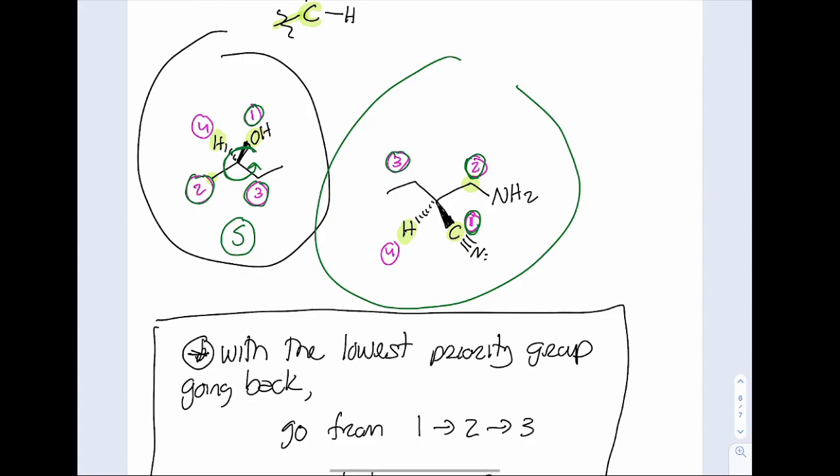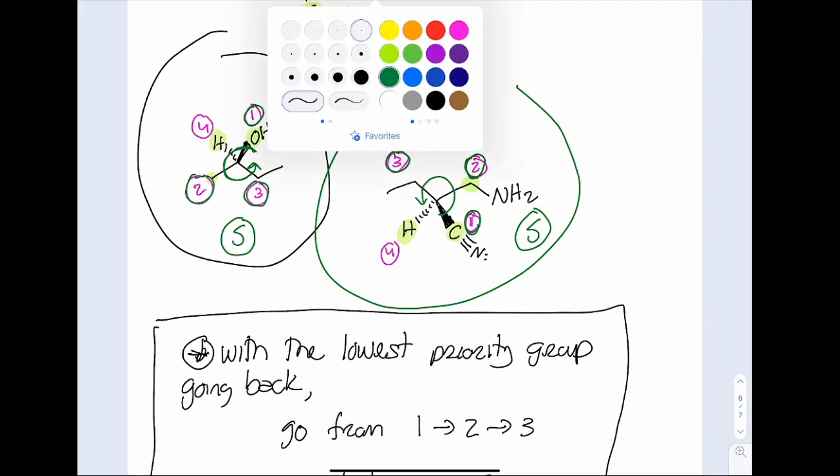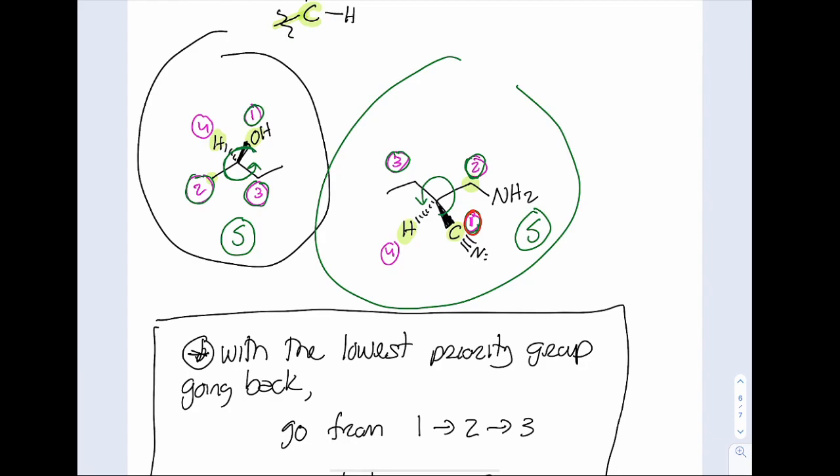So as I go from 1 to 2 to 3, that's the direction I'm going. I'm also going counterclockwise, so this one is also S. Let's do that again with a different color. 1, 2, 3. So 1 is here, 2 is here, 3 is here.